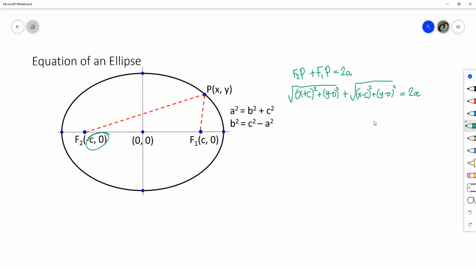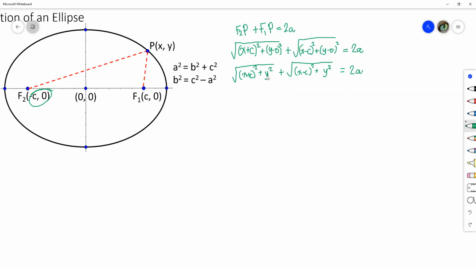Now, let's try to simplify the given equation. As we can see here, inside the radical sign, we have y minus 0, which can also be written as y squared. So we have the square root of the squared quantity of x plus c plus y squared, plus the square root of the squared quantity of x minus c plus y squared, equals 2a.